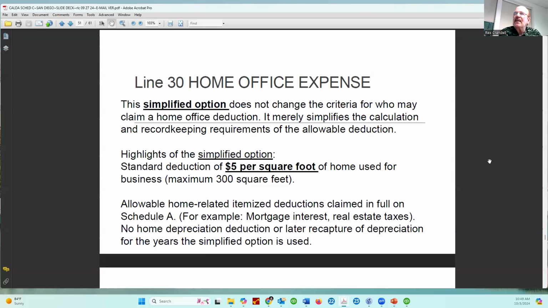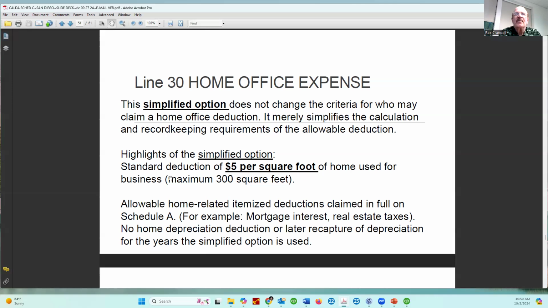This still means that if you're claiming a home office, you have to have exclusive use of a certain area of your home that you use only for business. If you have a kitchen table and you eat there and you do business on the table, you cannot write that off because it's not exclusive use of the premises. So there is no home office deduction in that area.